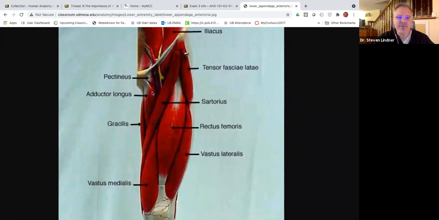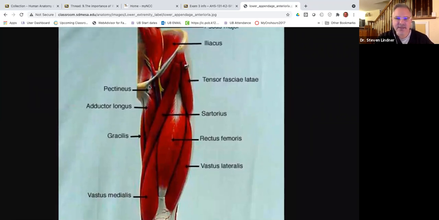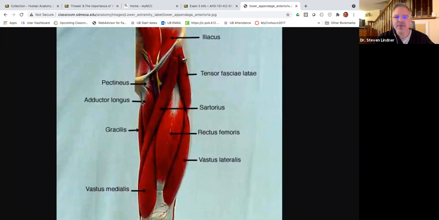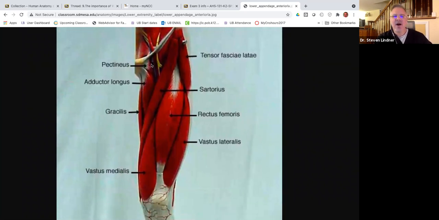Okay, what else can we see here just to orient ourselves? This is the pubic bone. So what we can see on the inner thigh, remember, if a muscle is in the front, it brings the limb to the front. If a muscle's on the outside, it brings the leg or the thigh to the outside. If a muscle's on the inside, it brings the limb to the inside. So what do we call that movement when you're bringing something towards midline?